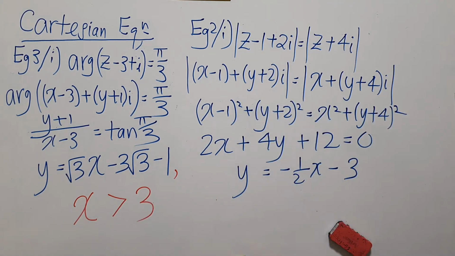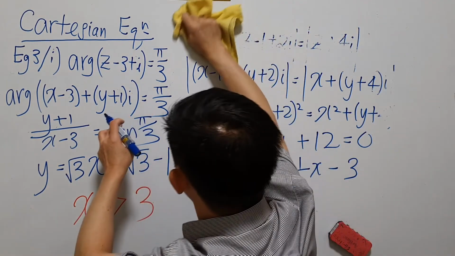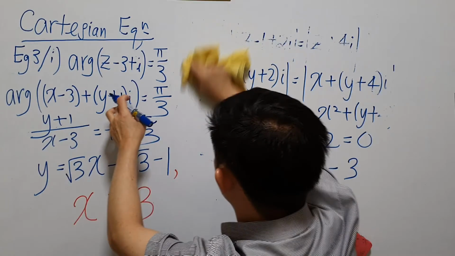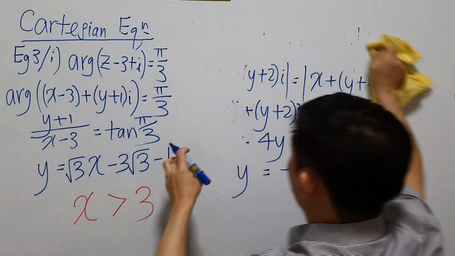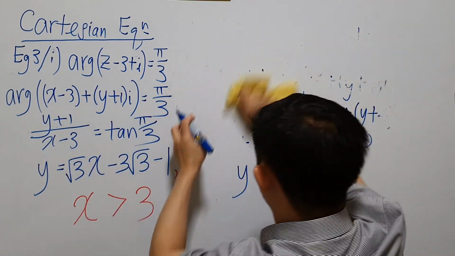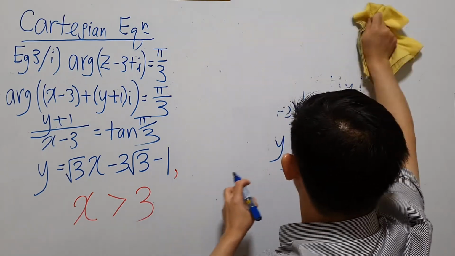Why is that so? Let me help you quickly recall the locus for argument of z minus 3 plus i. How does the diagram look like? Let's draw this diagram.